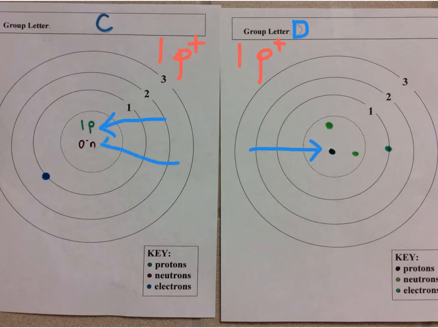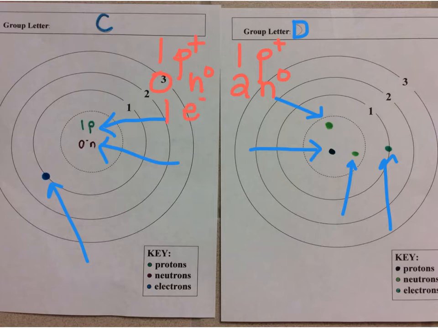This one doesn't have any. That's pretty weird. This one has 1, 2. So atom C has no neutrons, and atom D has 2 neutrons. Then we count electrons. Atom C has 1, so does atom D.